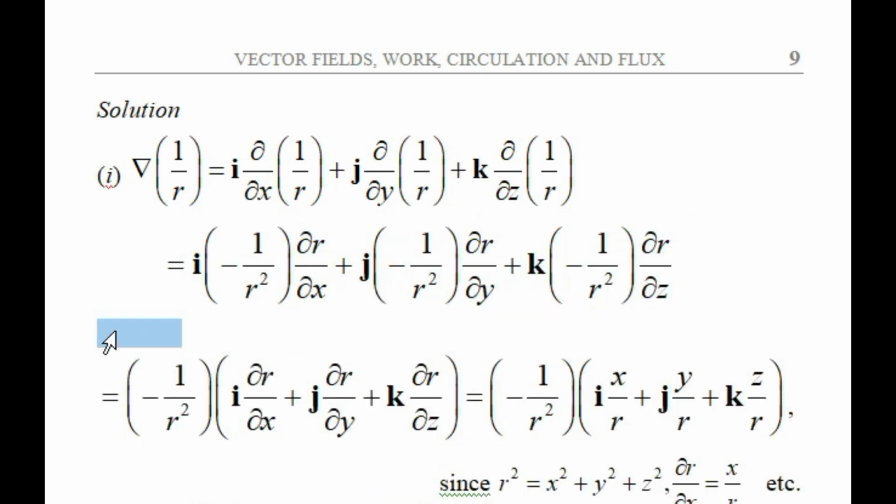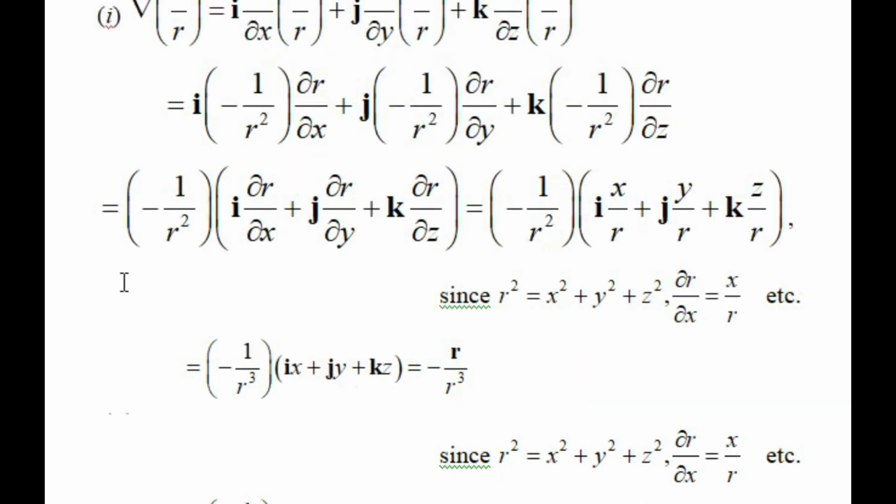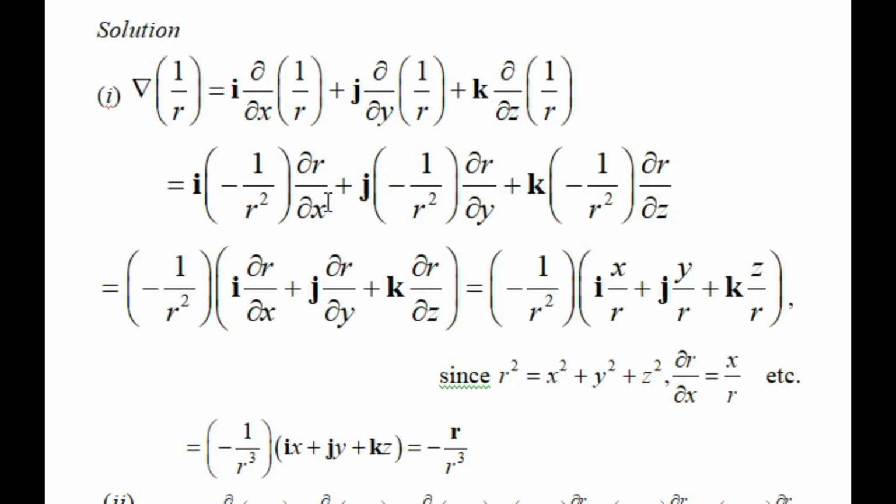So now what about ∂r/∂x? Here you can see that -1/r square is a common factor and we take it outside. This is a scalar corresponding to a fixed triple (x, y, z), but actually it is a function.